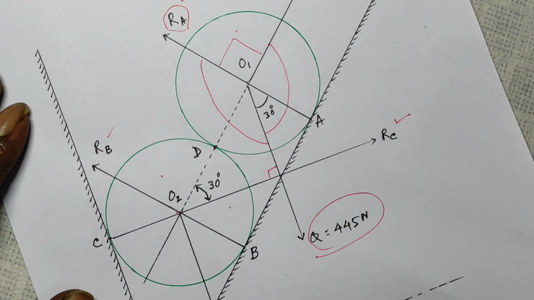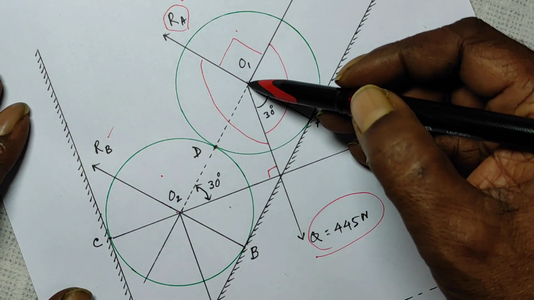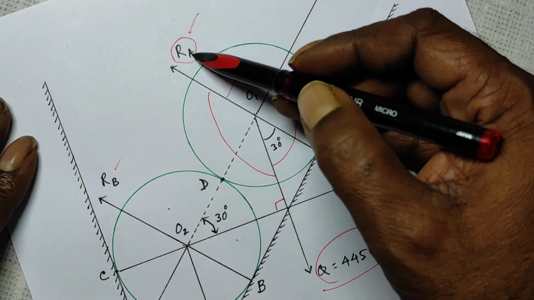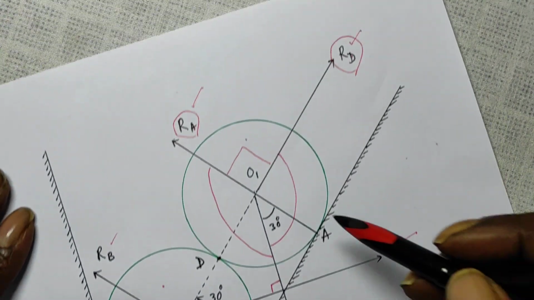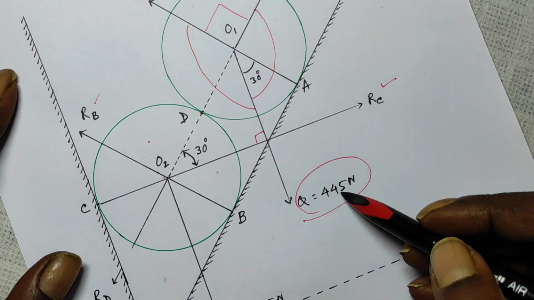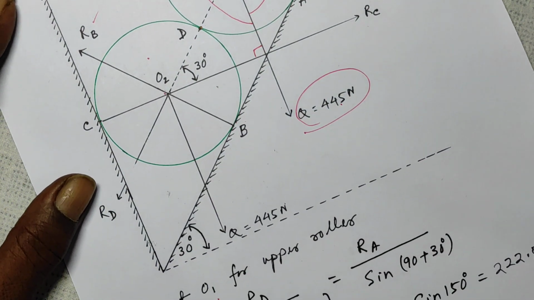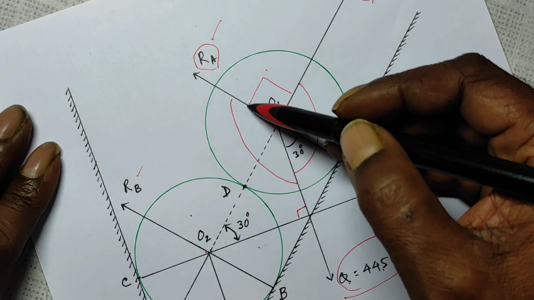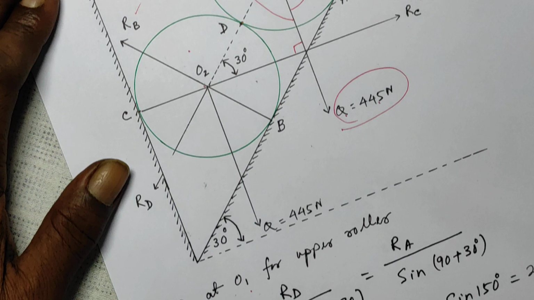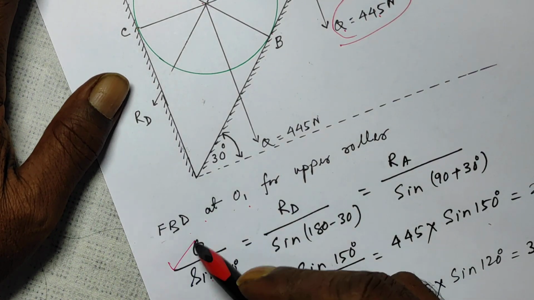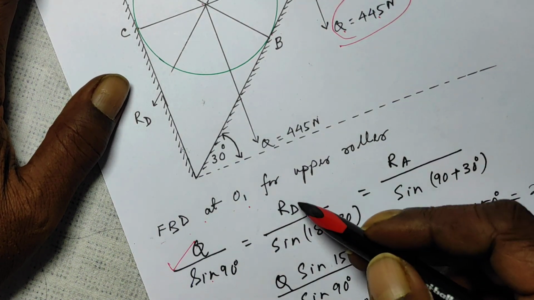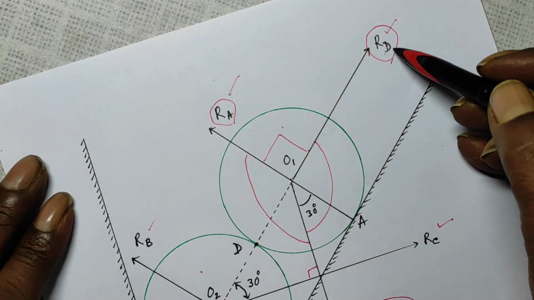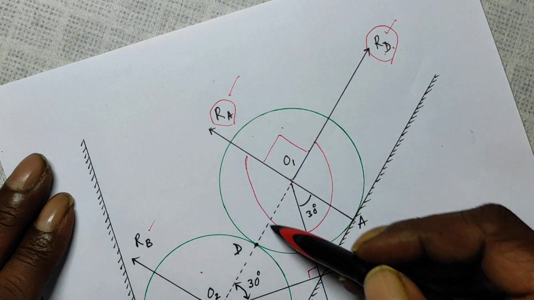So let us apply Lami's theorem at point O1, where three concurrent forces are passing, RA, RD, and the weight. So Q over sine of this angle, that is sine 90, Q over sine 90, will be equal to RD over sine of this angle.